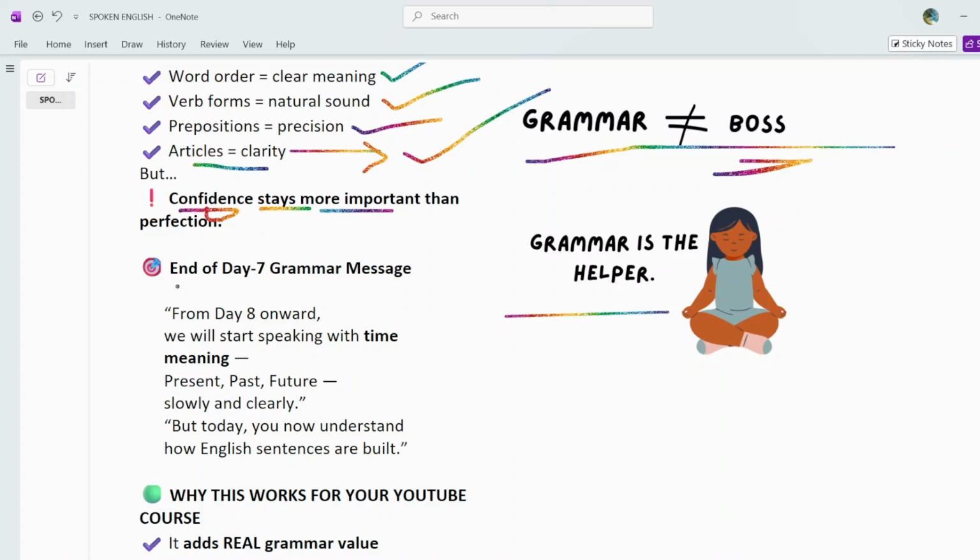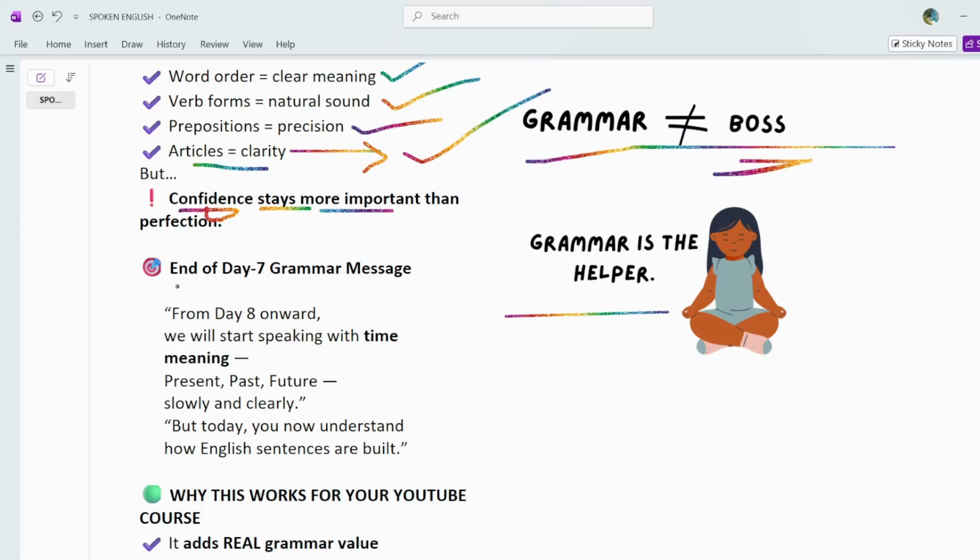Today you learned how English sentences are built, how verbs match the subject, how to use a and the, and how to use in, on, and at, also known as prepositions, in simple daily English.